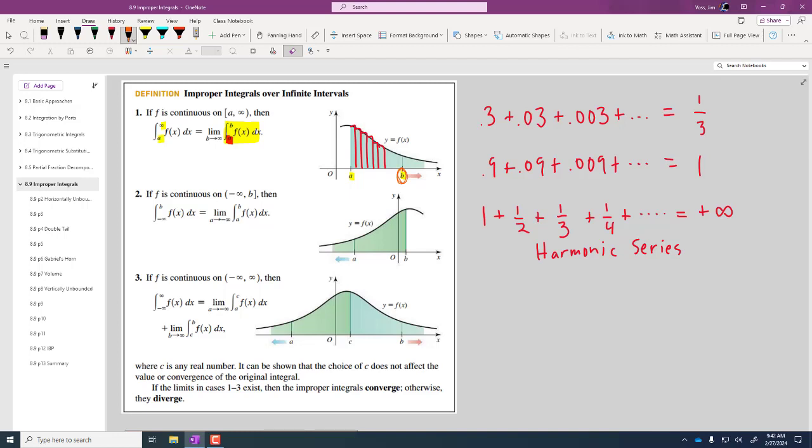And so when we evaluate this definite integral here, this will end up being a function. It'll be a function of b. Right? And we've seen that already this semester. If you find a definite integral and there's a variable in the limit of integration, you end up with a function.